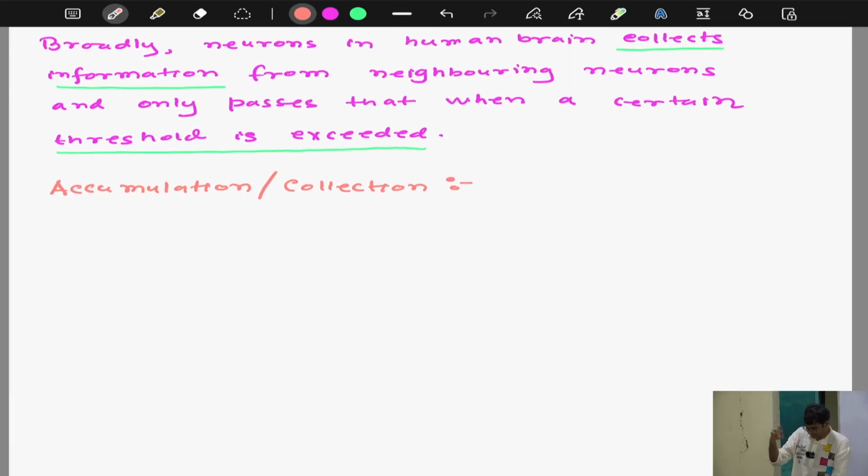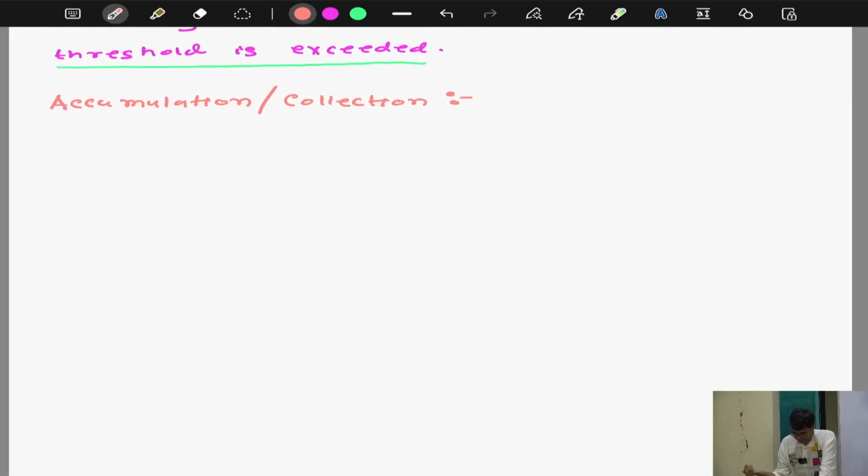Noticing this, accumulation, collection, one way of modeling it, maybe the easiest way, is as follows. Z is the accumulated information, and let us say I have k neurons.